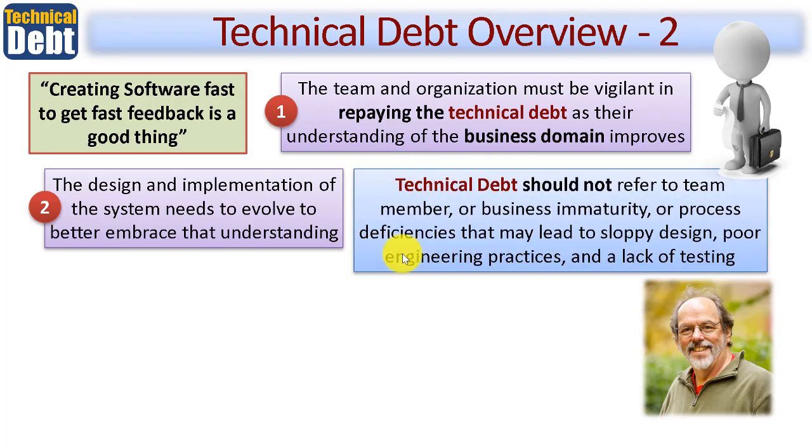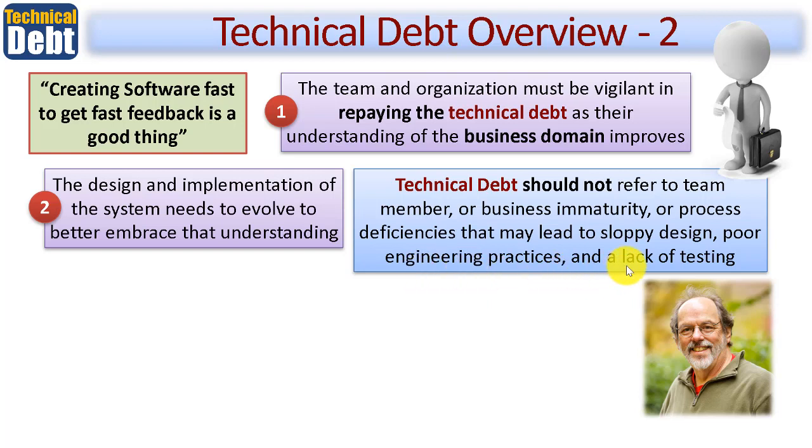Ward went on to say that technical debt should not refer to a team member, for example, in other words, team skills or business immaturity of a particular organisation or department, or even process deficiencies that may possibly lead to sloppy design, poor engineering practices, and that could refer to any industry, not just engineering, and a lack of testing.